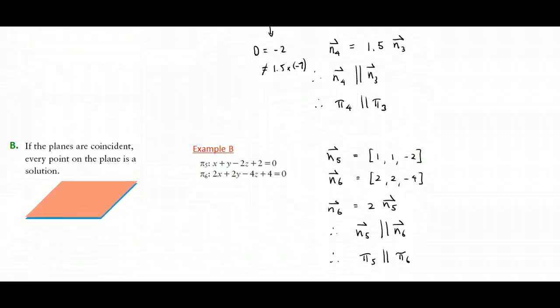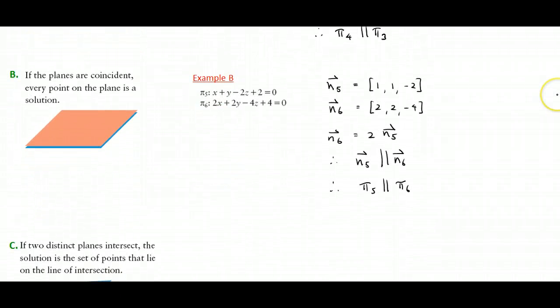Let's take a look at situation B. So the claim here is that these planes are parallel and coincident. We know they're parallel because we already looked at the normal vectors. Take a look at the d value. So d value for 5 is equal to 2. D value for 6 is equal to 4, and that's equal to 2 times 2, or 2 times d value 5. And that's the same scalar that I had for the normal vectors.